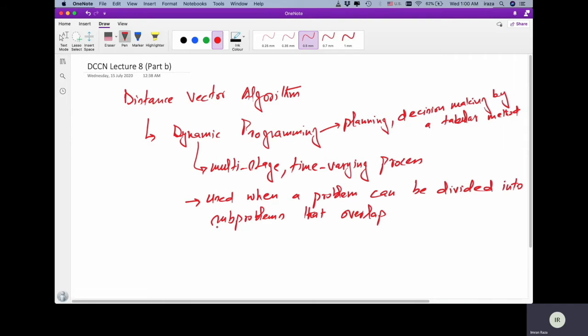So we can reconstruct the solution to the original problem from the solutions to the subproblems. This means the more overlap, the better, as it reduces the number of subproblems.